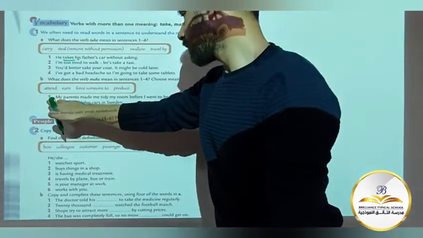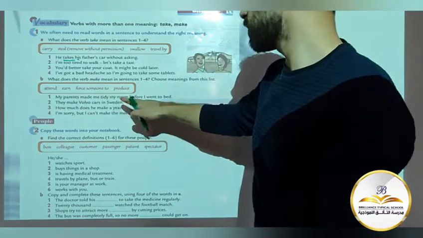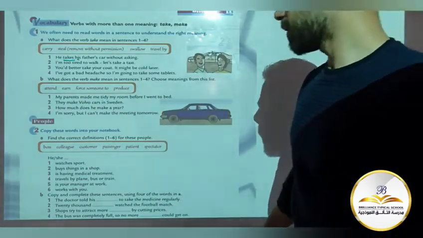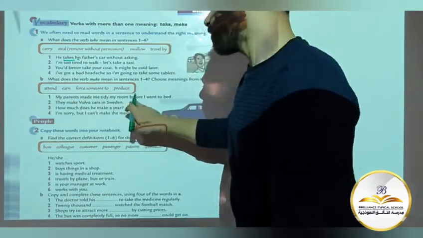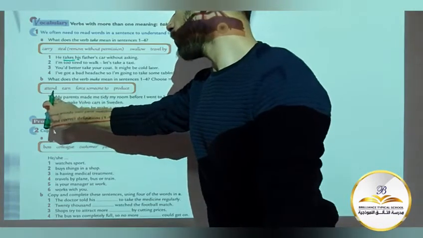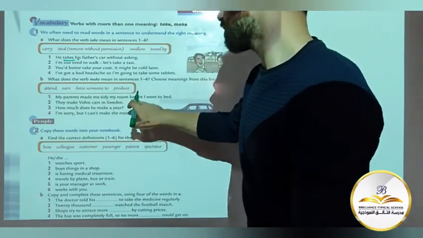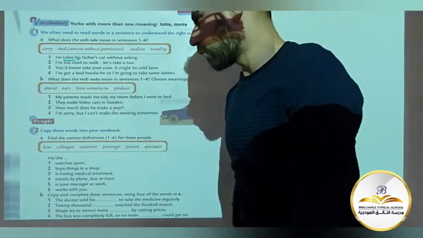My parents made me tidy my room before I went to bed. What is the meaning of made? My parents made me. Let's take a look at the neighboring words. My parents made me tidy. It means force someone to.